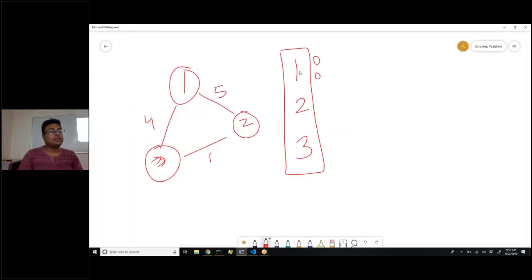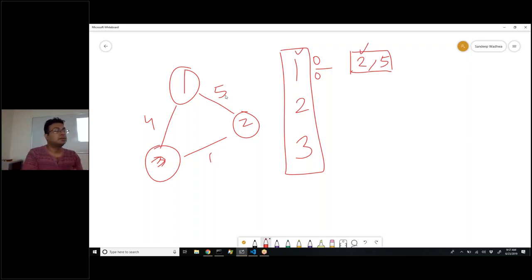So let's see now. We are talking about 1 is connected to 2 via 5. So in this array location, we are storing a list. Initially the list is empty. The first value in the list that we are storing is a complex data type, and that is saying 2, 5, where 2 is the vertex and 5 is the weight of the edge 1 to 2.